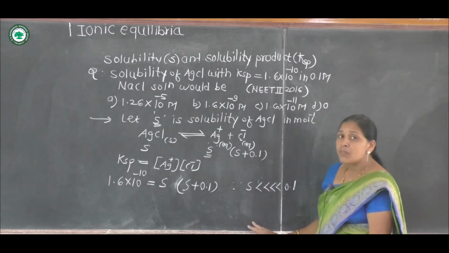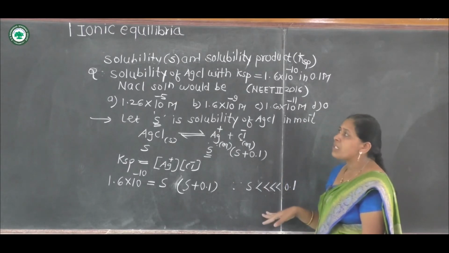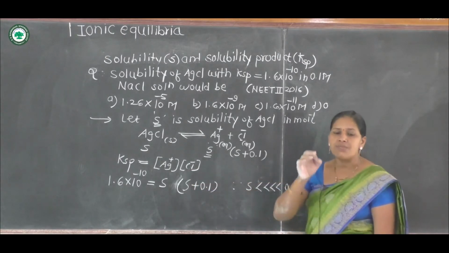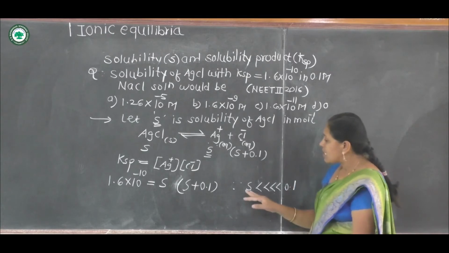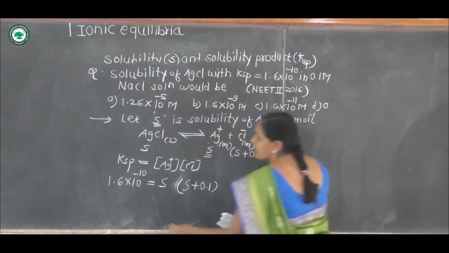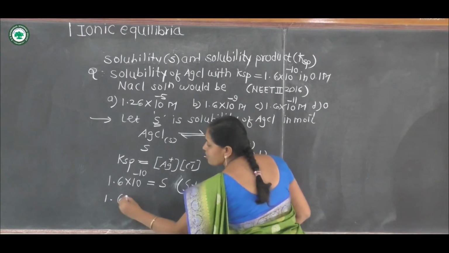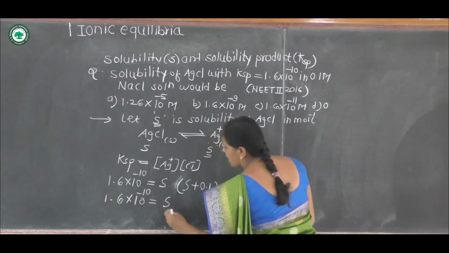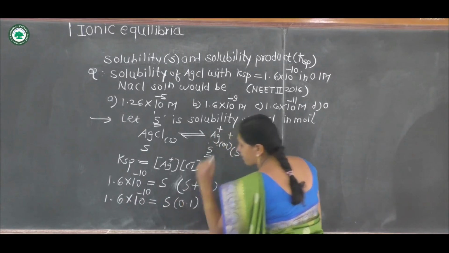Therefore, as compared to the solubility of 0.1 molar NaCl, the solubility of this Cl minus ion is very small. Therefore, this S can be neglected. Then remaining is 1.6 into 10 raised to minus 10 is equal to S into 0.1.